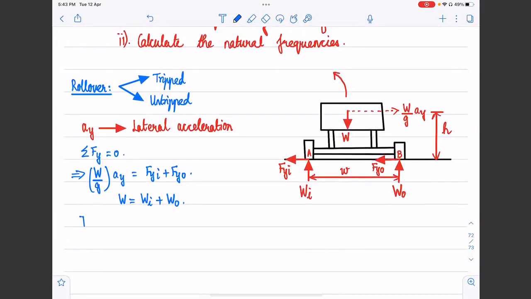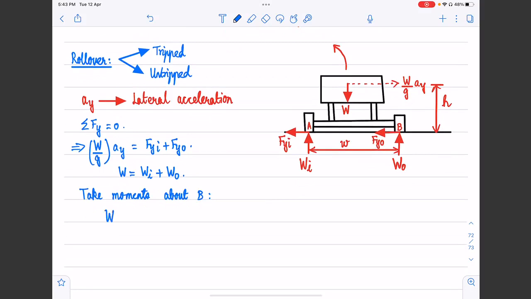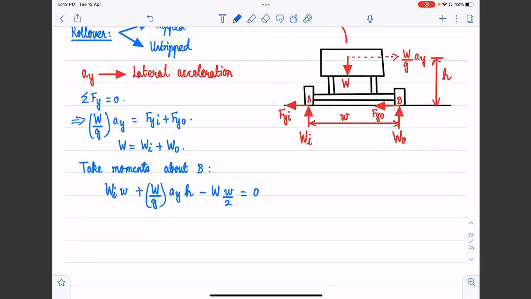Now, let us say we take moments about point B. If I take moments about point B, what am I going to have? I am going to have Wi times w, that is one clockwise moment, plus W by g Ay times h, that is another clockwise moment, minus W times w by 2, that's a counterclockwise moment, and this is going to be equal to 0.